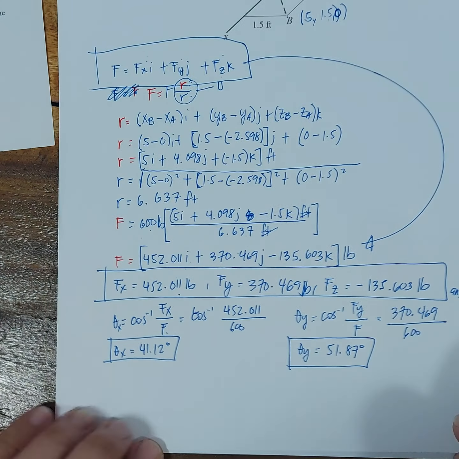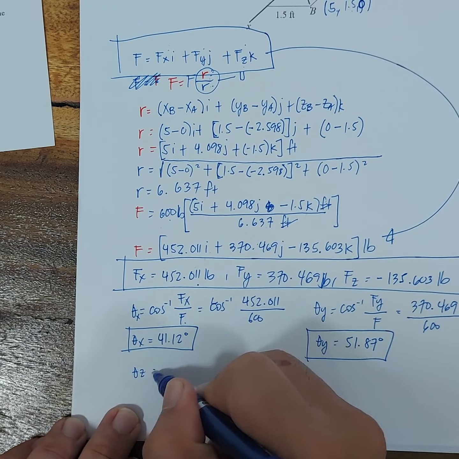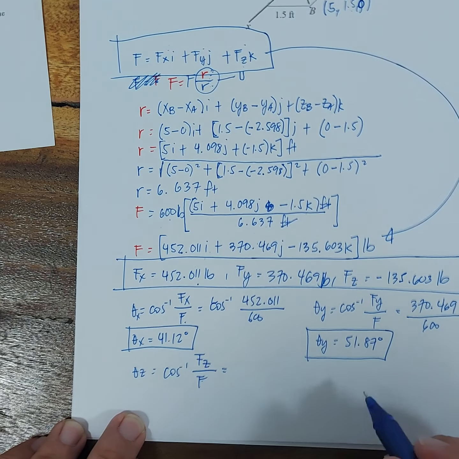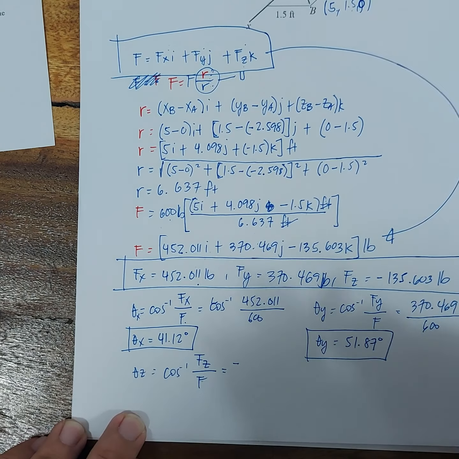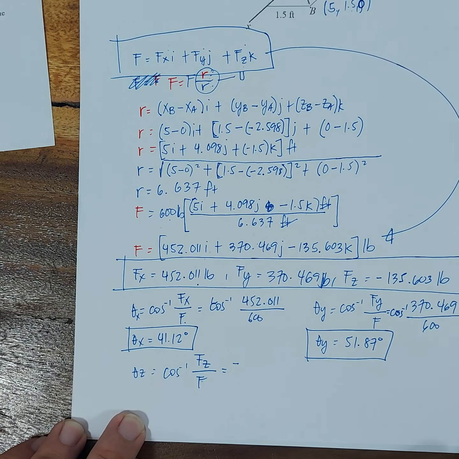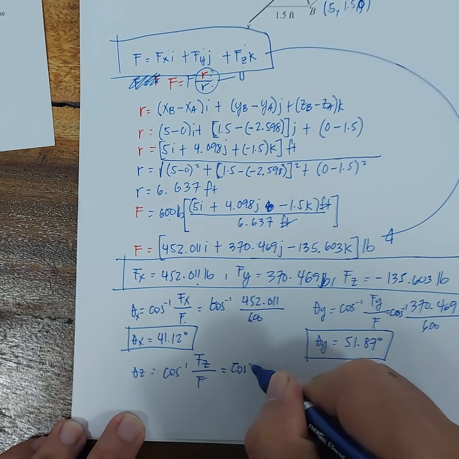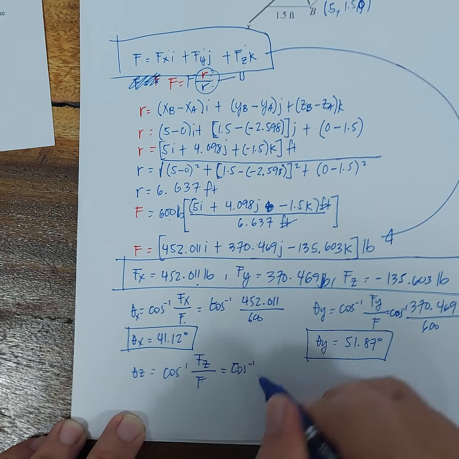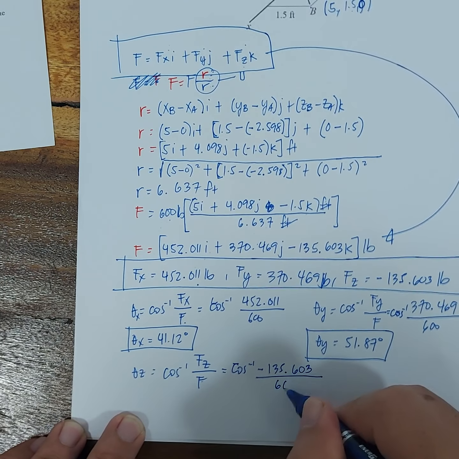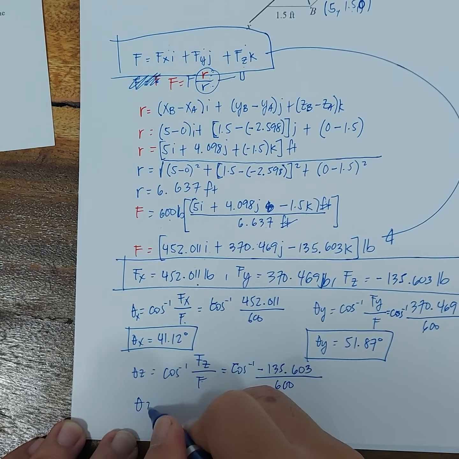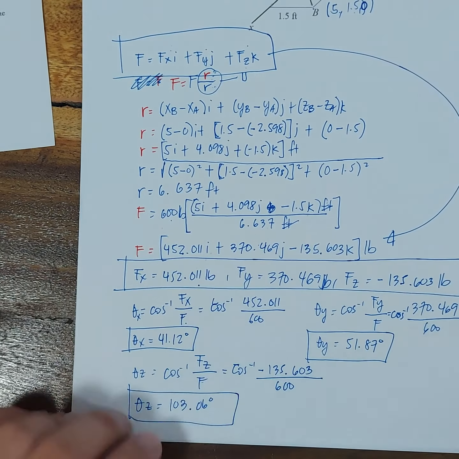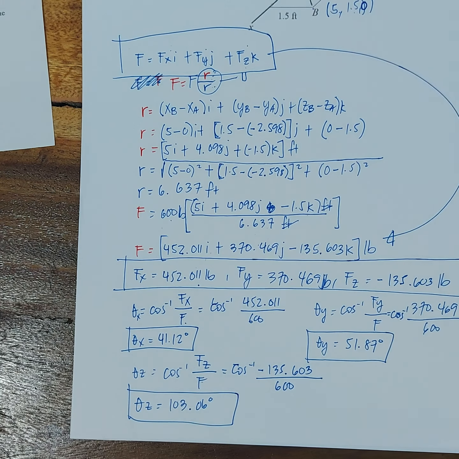And then lastly, theta z is equal to the arc cosine of Fz over F. Oops, I forgot to put the arc cosine. So it would be the arc cosine of negative 135.603 divided by 600. So theta z is equal to 103.06 degrees. Okay, so that's problem number 1.